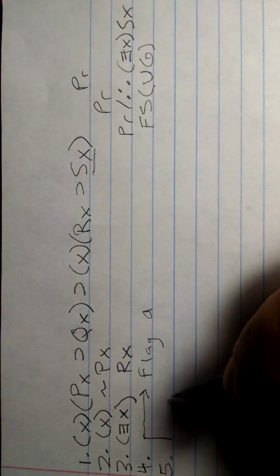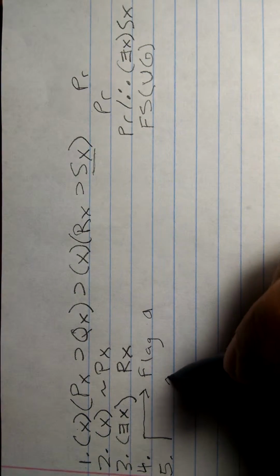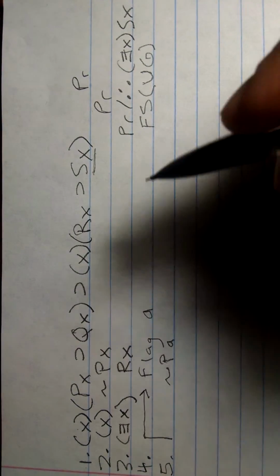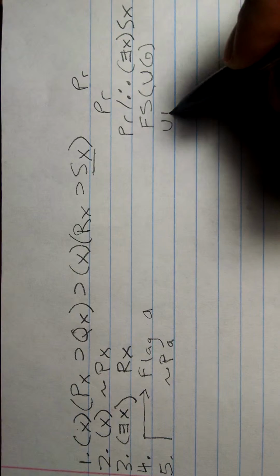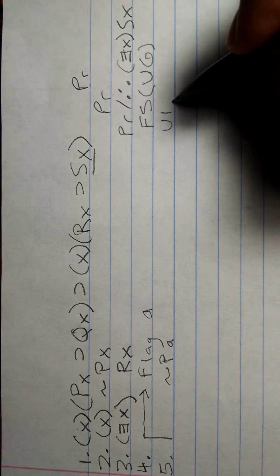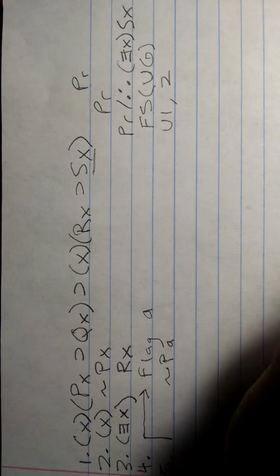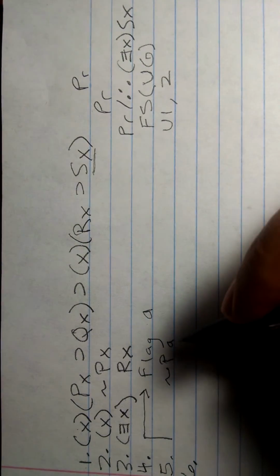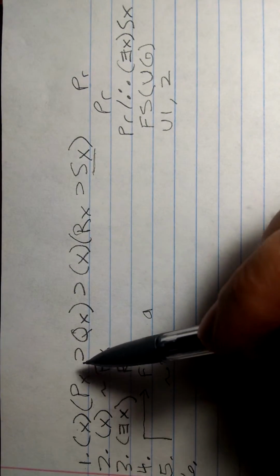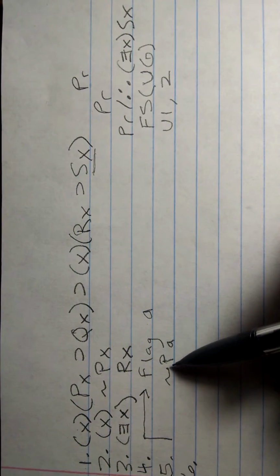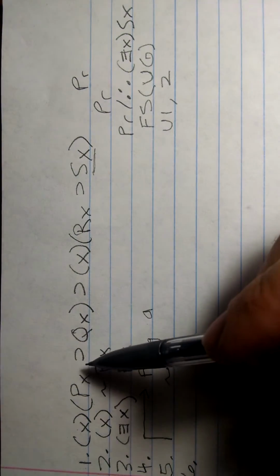We'll start here. We'll do our not PA, and that is universal instantiation on 2. Now, since we have a not PA, if we just add QA, we can use conditional exchange to turn it back into that.